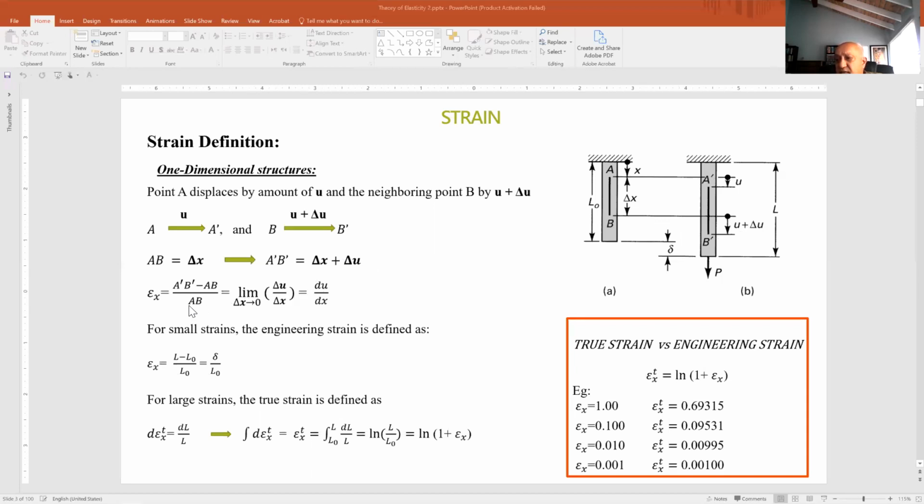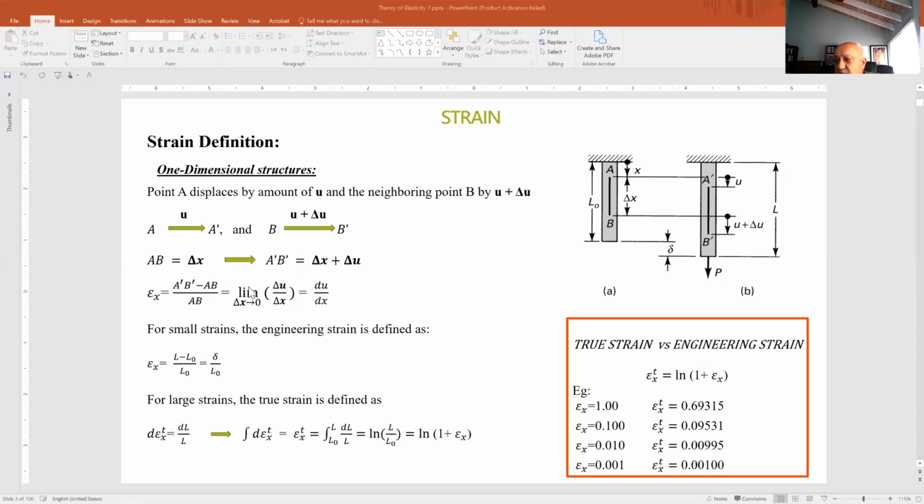Strain in x direction, longitudinal strain, epsilon x, is defined as the final length, A prime B prime, minus initial length, divided by the initial length. Change in length over the initial length.